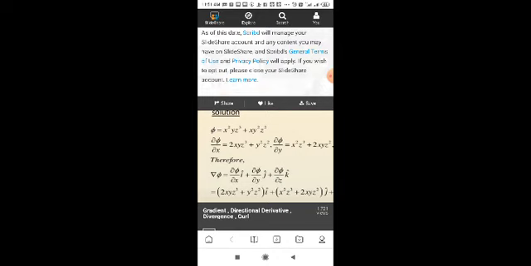Now we have 3 ingredients, del phi over del x, del phi over del y, and del phi over del z.